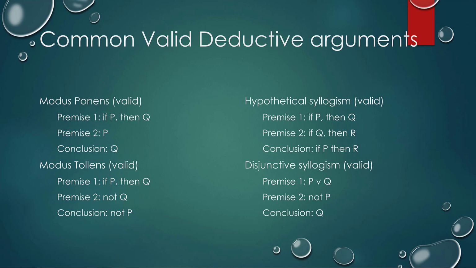Finally, we have the disjunctive syllogism. The first premise is P or Q, and there's a little logical notation in there, that V is or. Premise 2, not P, conclusion Q. So you can think of the logic of sports.